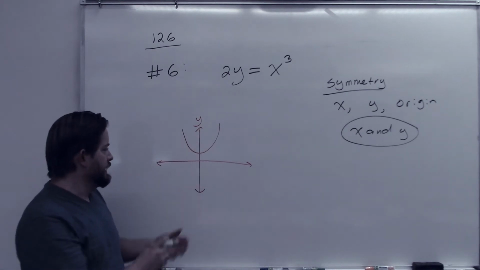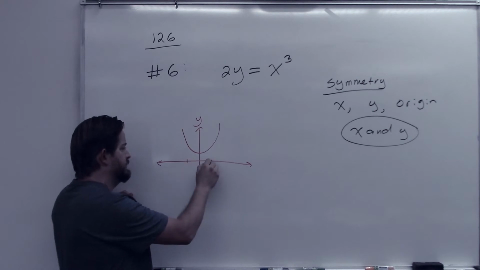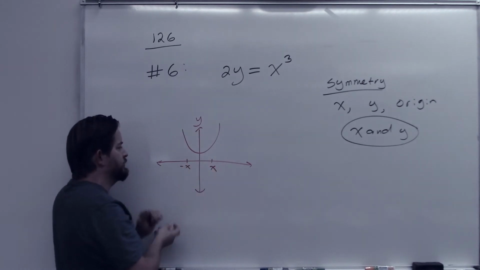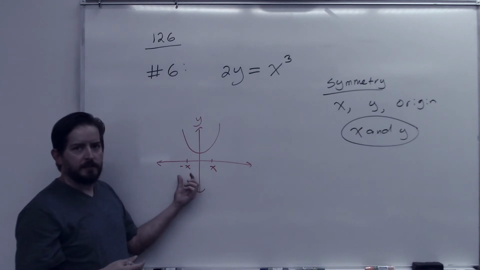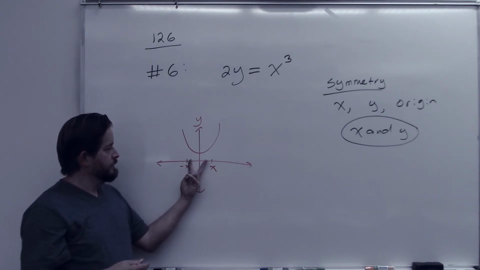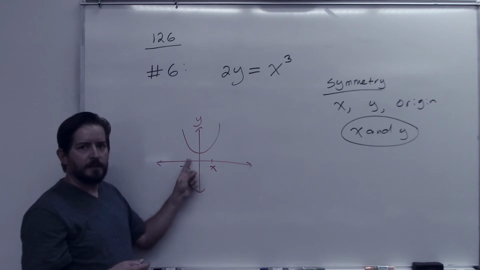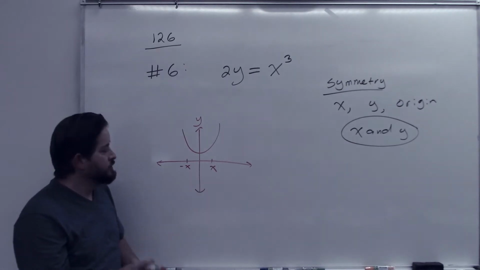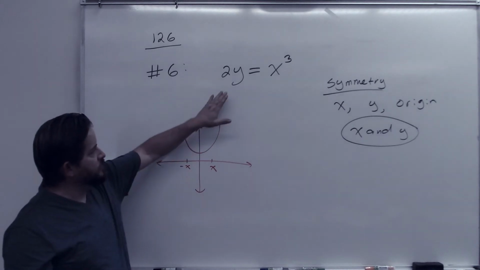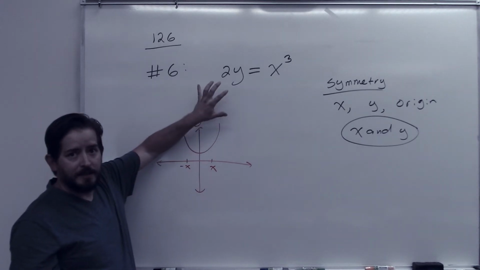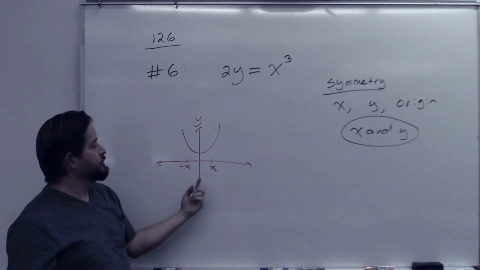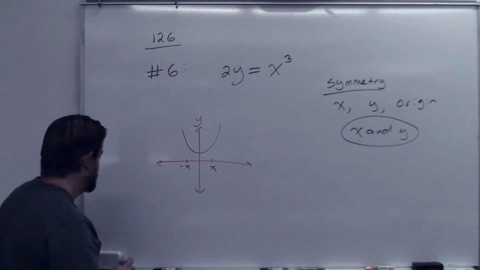That means that if I have some point x, the point on the other side equally distant away is negative x. If I put in negative x, I get the same y value as if I put in x. So if I plug negative x into my function and end up with the exact same function, then I will have symmetry about the y-axis.